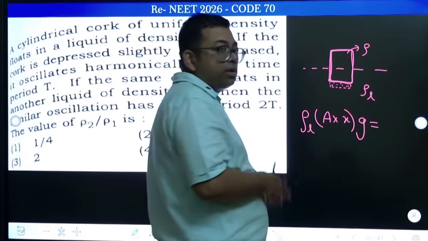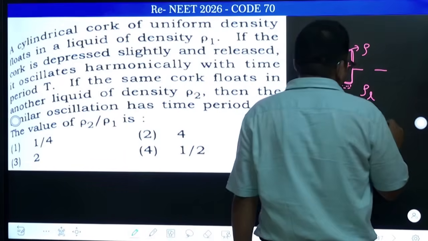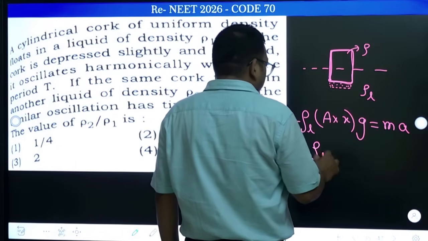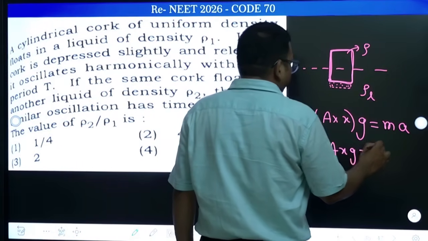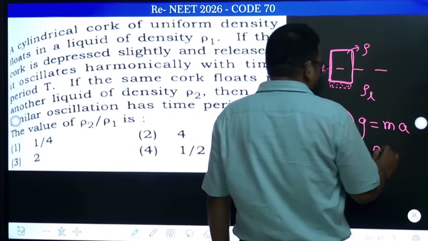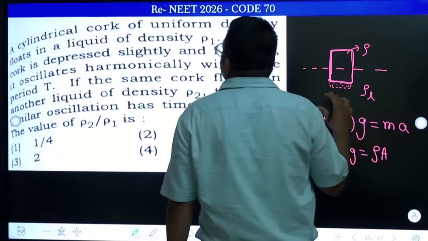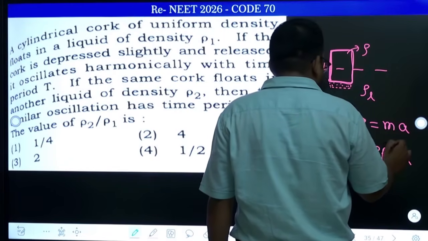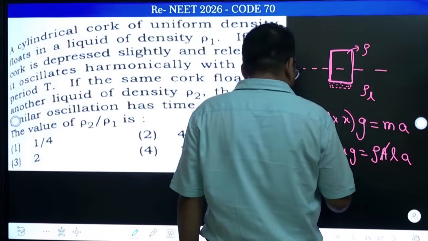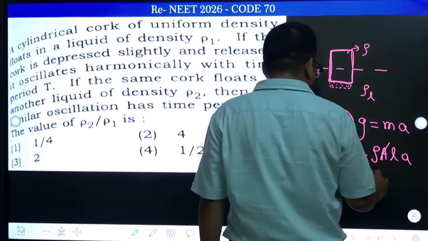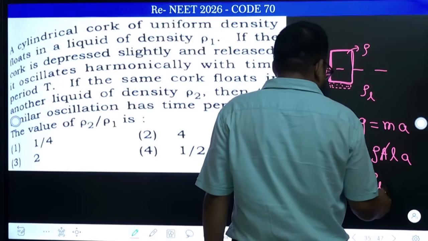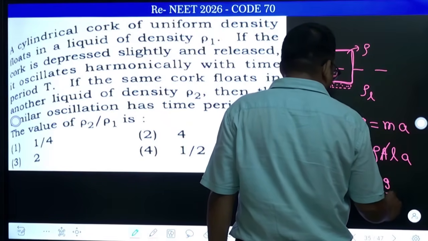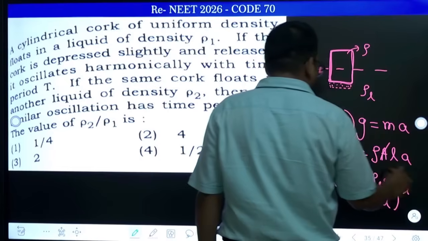This net force is equal to mass into acceleration, but it is restoring, so we write a minus sign. The mass is density of the object times volume, which is area times its length, let us say L. From here A gets cancelled, so the acceleration comes as minus rho liquid by rho of the object, into g by L, into x.